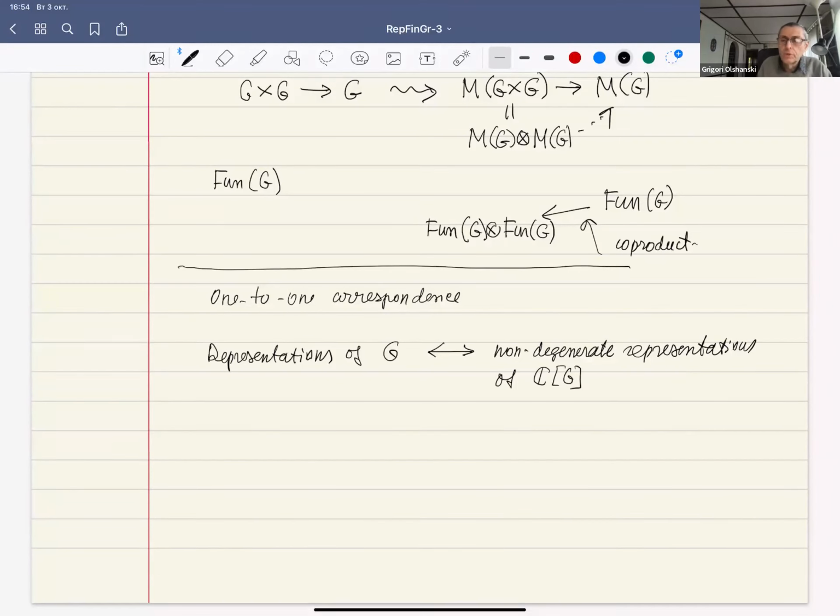Non-degenerate means that formally one can think about a zero representation of an algebra, where the whole algebra is mapped to zero.